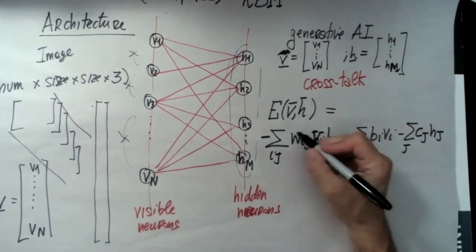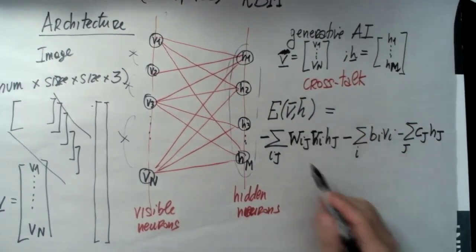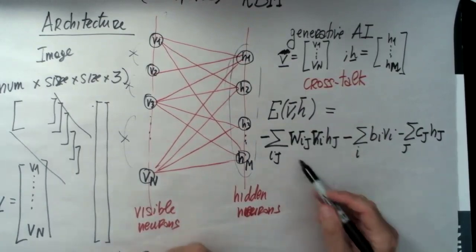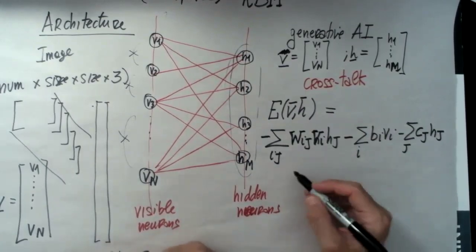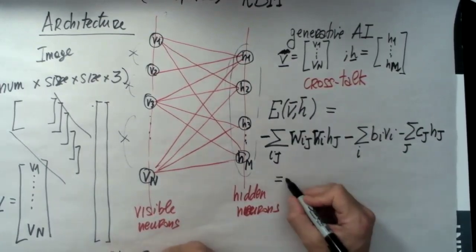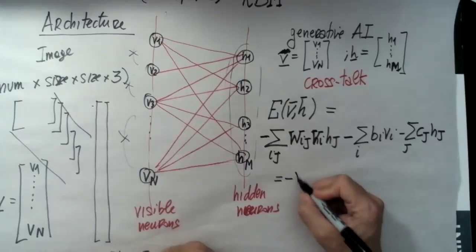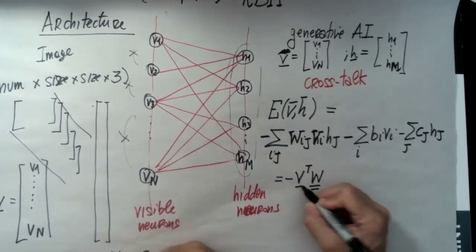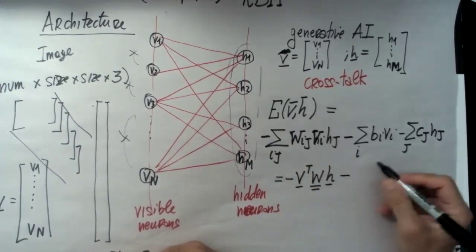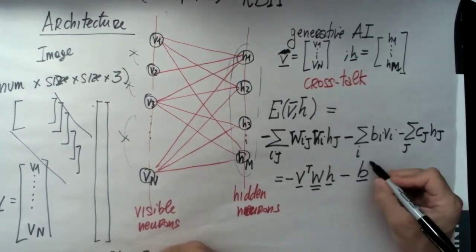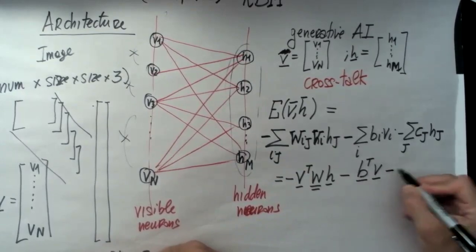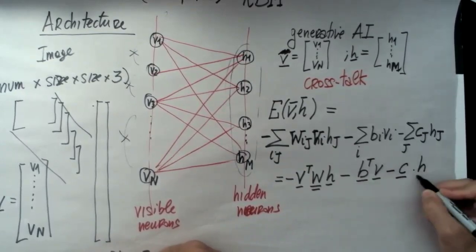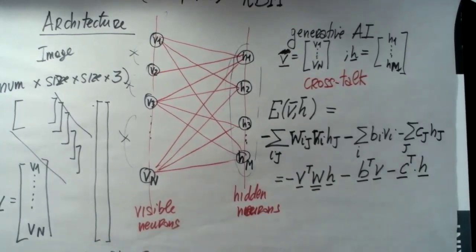Here we have this weight matrix. This expression can also be written in matrix form as V transpose times W times H, minus b vector transpose times V, minus c vector transpose times H.